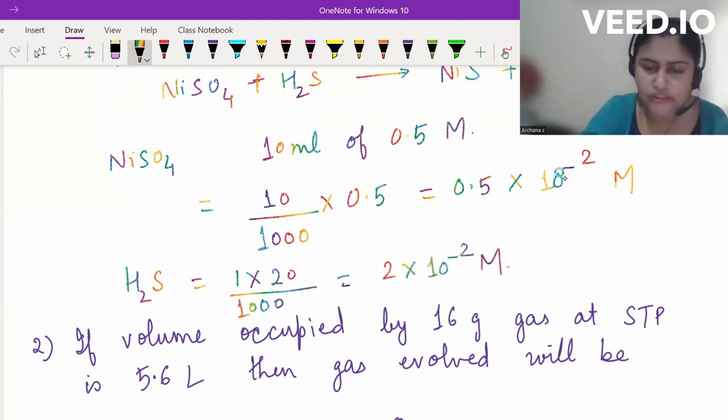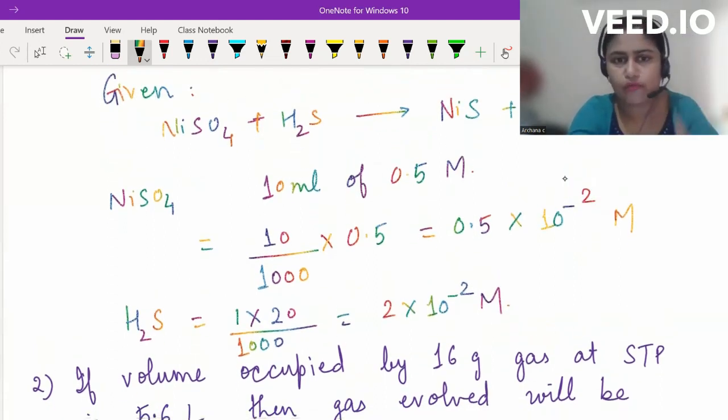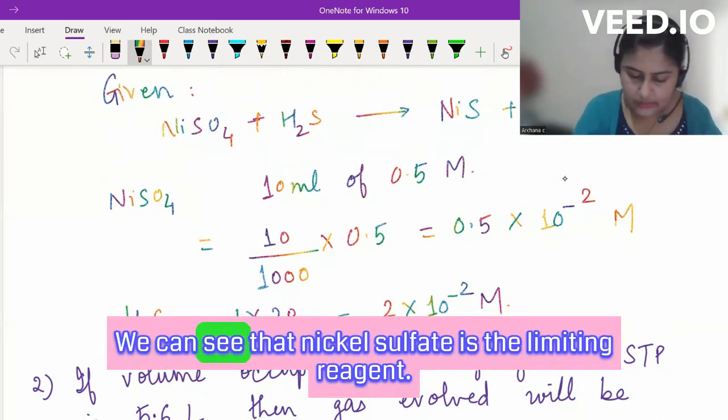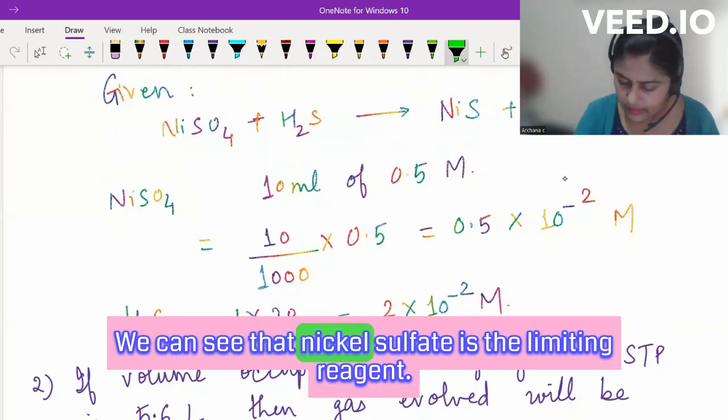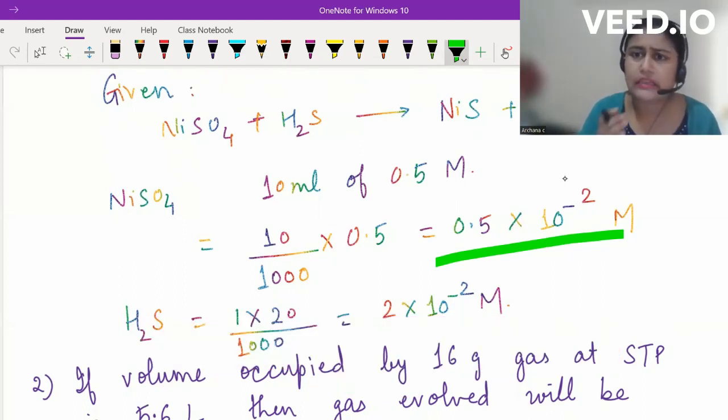If you see both these reactants, which are present at the left-hand side of this particular equation, then we can see that nickel sulfate is the limiting reagent. So once nickel sulfate gets over, whatever is left off, excess of H2S is left off. So the nickel sulfide that will be formed will be dependent upon the nickel sulfate amount.